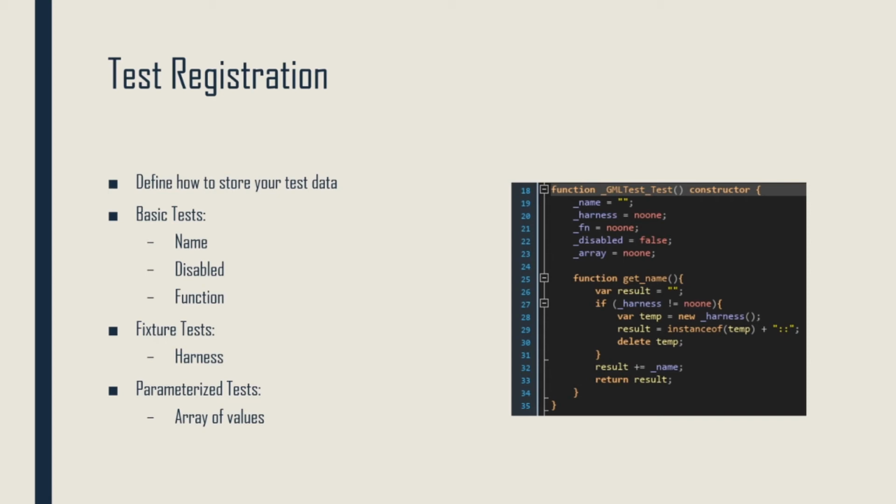A fixture test, which shares setup and teardown, needs to have a harness, which is just like a class. And a parameterized test will need to have an array of values to pass to the test function. I'm going to go in a little bit more detail about that later on. But as you can see here with the code, I define the default values and a helper to get the name for printing it out for the log.